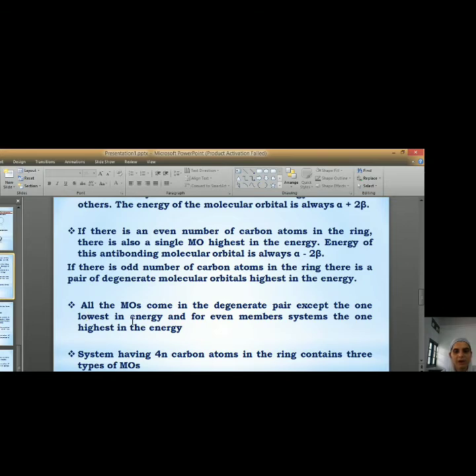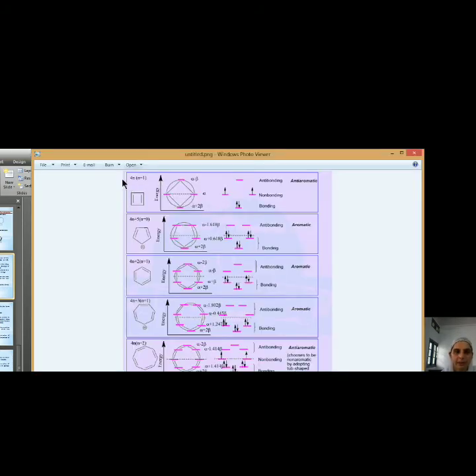Next is all the MOs come in degenerate pairs except the one lowest in energy, and for even membered systems, the one highest in energy. In the even membered case, that is the 4n system, we have one pair of degenerate orbitals here and one single highest orbital and single lowest lying orbital.